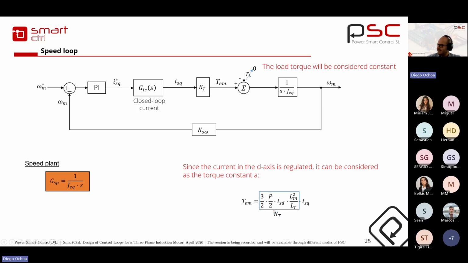This expression is very similar to the control of a DC machine, because only with the Q-axis you can control the torque. So this is the main idea. Also remember that for the outer loop, you have to contemplate the inner transfer function, which is the closed loop current. And finally, we have a PI.